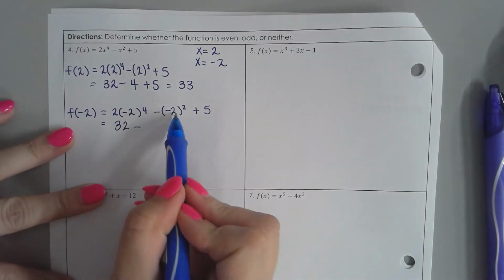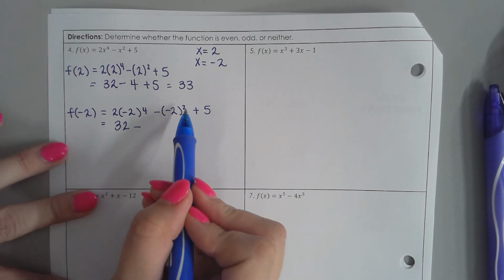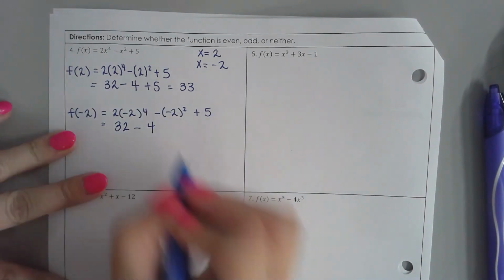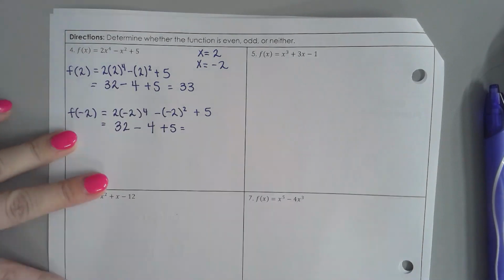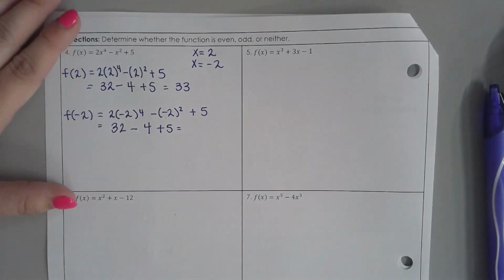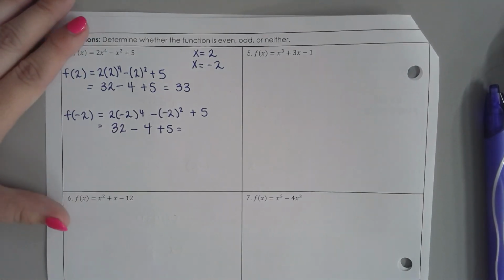Minus negative 2 squared is still 4. Plus 5. It's exactly the same.